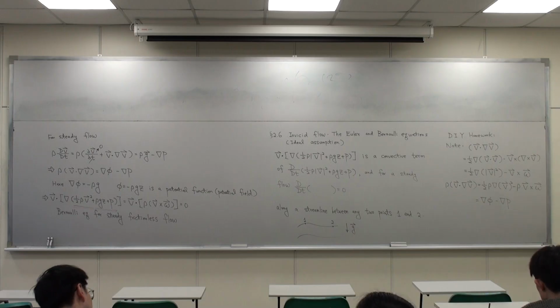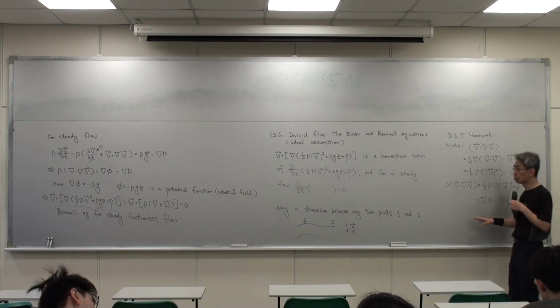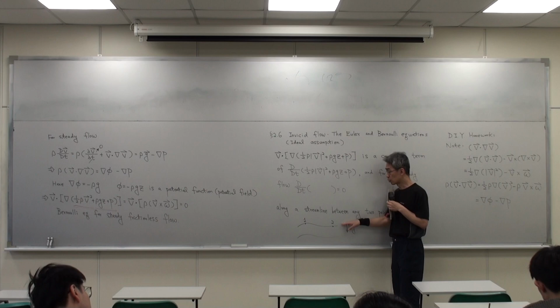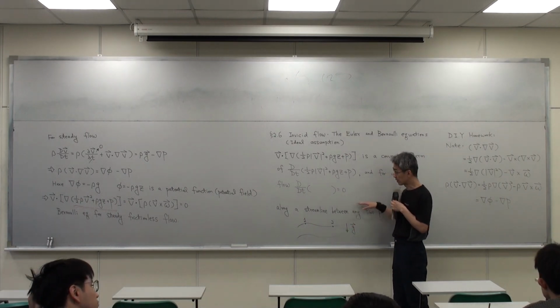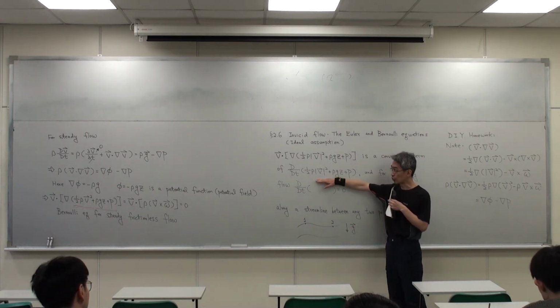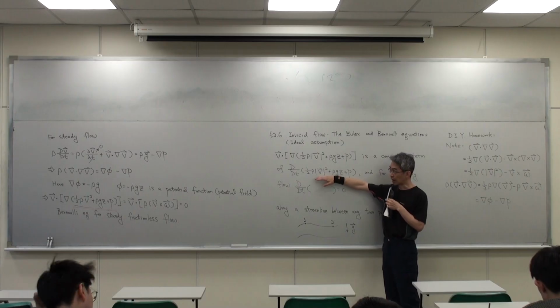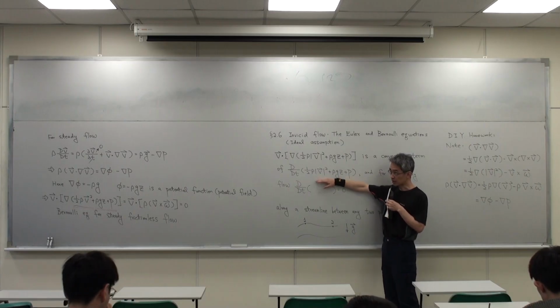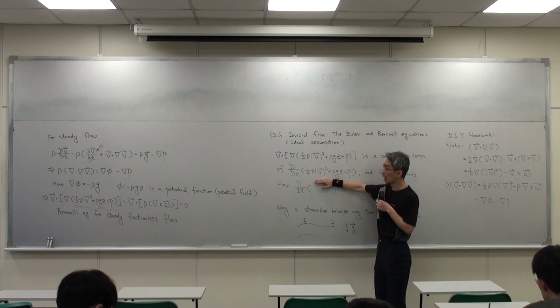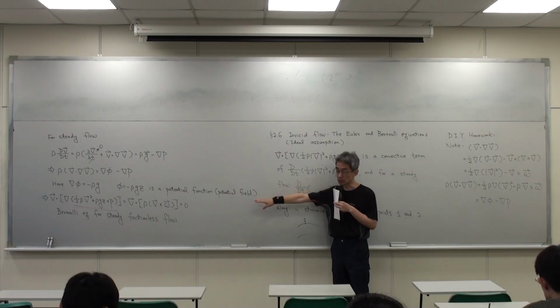If they go along the same streamline, this value is conserved, and they will have the same value because after the gradient it comes to zero.